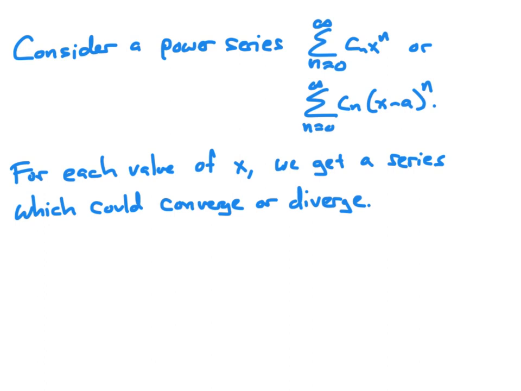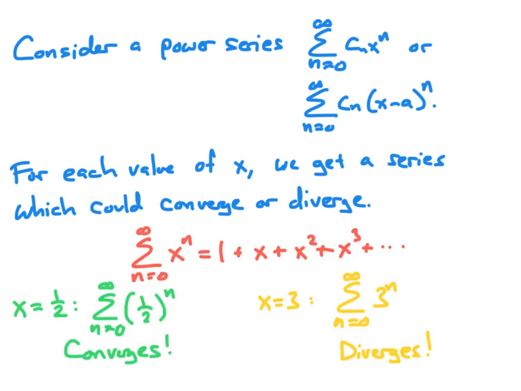And moreover, it is often the case that for certain values of x that we substitute in, we might get a convergent series, and for other values of x substituted into the same power series, we might get a divergent series. For a simple example of this behavior, let's consider the series sum n equals 0 to infinity of x to the n. When we substitute a specific value in for x, notice that we're going to obtain a geometric series.